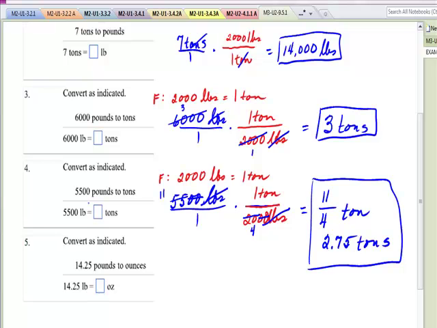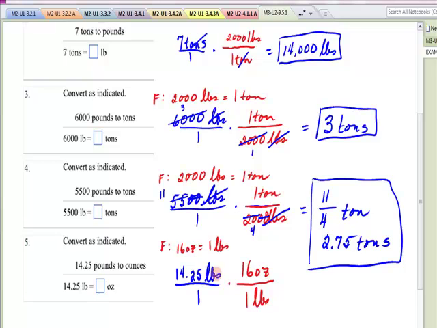Okay, last one. I have 14.25 pounds over 1, and I guess it would be nice if I wrote down the fact. The fact is that there are 16 ounces in 1 pound. So I want pounds to go away. I'll put my 1 pound down here, put my 16 ounces up top.